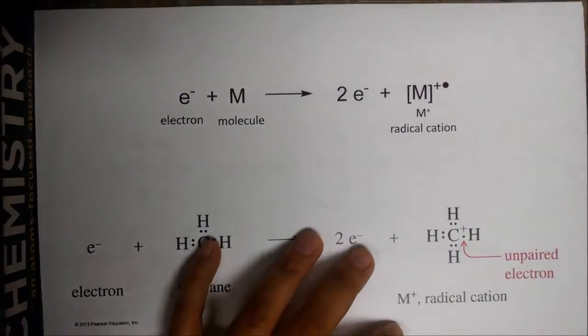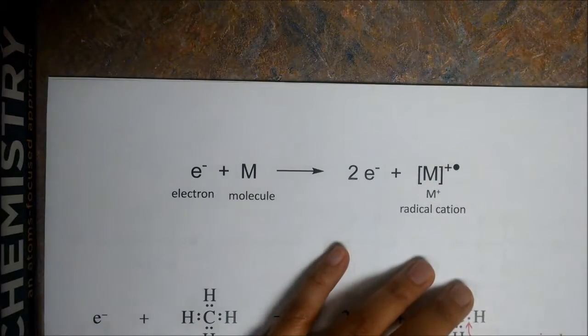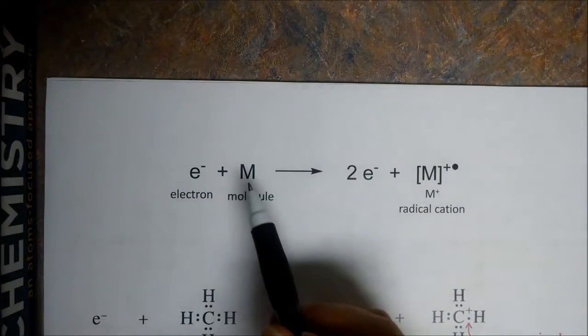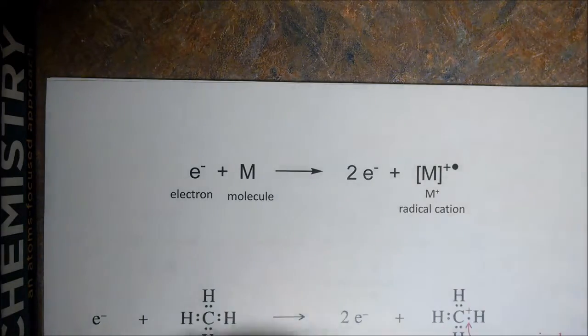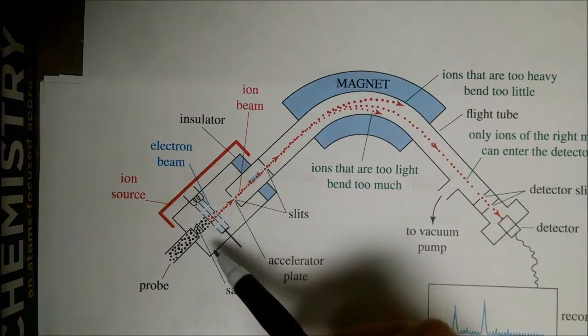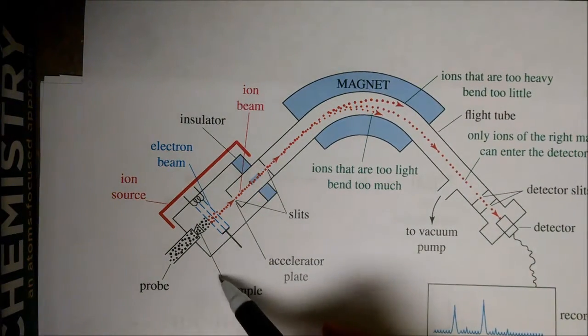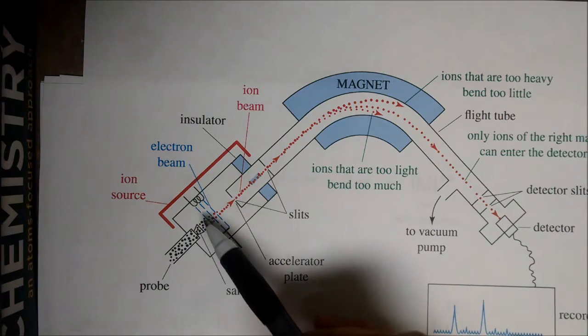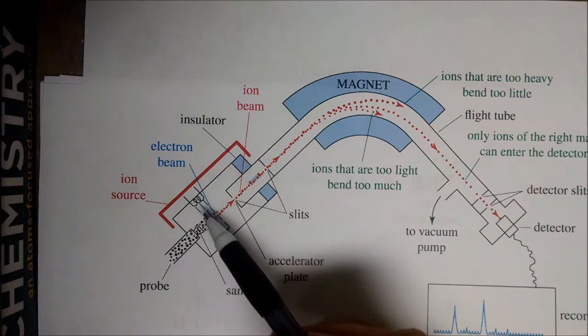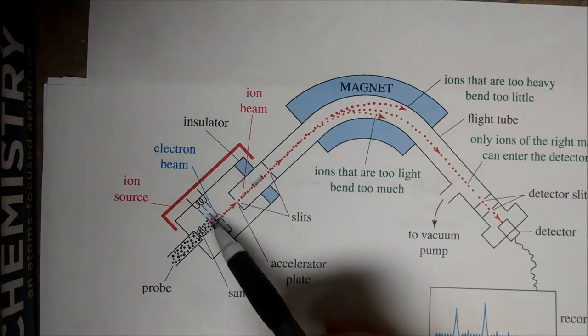Mass spec is a little bit complicated. In mass spec, we take our molecules and we bombard them with a bunch of electrons. Let me show you what it looks like. Here's our electron beam. Our sample will be right in here. So we ionize our sample and we subject it to a big bunch of electrons.